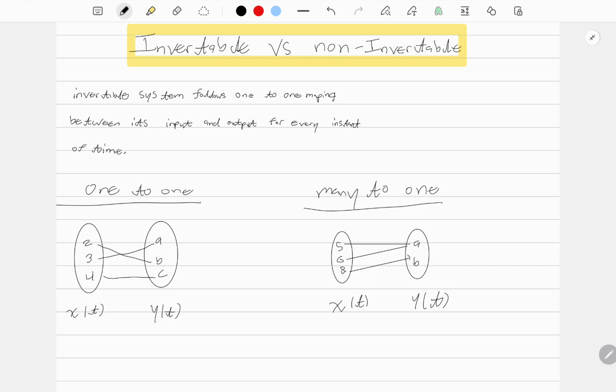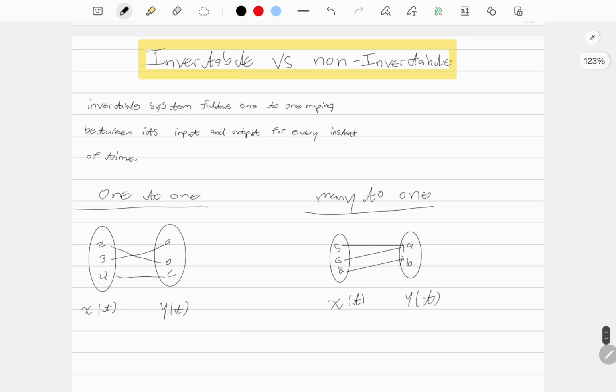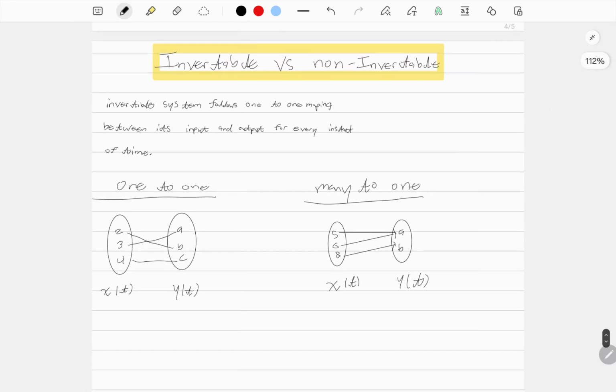So you can see that two of the inputs have the same output, which makes it many-to-one mapping. There's more than one. Versus one-to-one, there's literally one unique output for every input. There's no same. Okay?